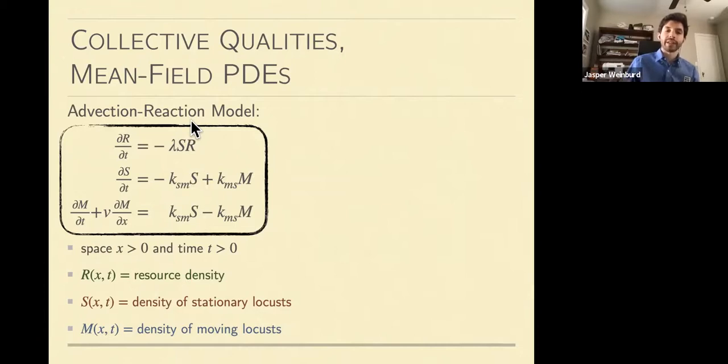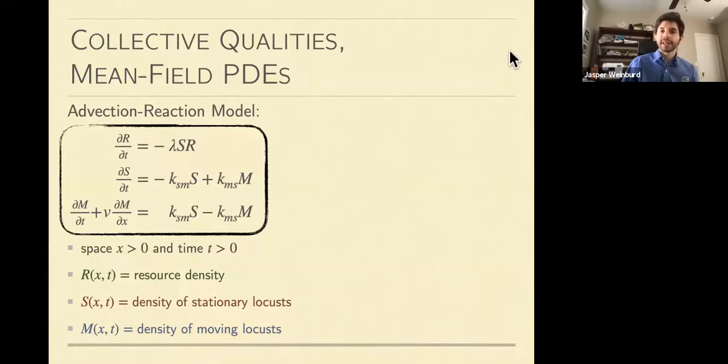They're not regrowing on the timescales we're interested in. S becomes the stationary locusts. M becomes the density of the moving locusts. And we essentially have just a transport equation in the bottom. And these terms with opposite signs correspond to a conservation of mass in the locust swarm.